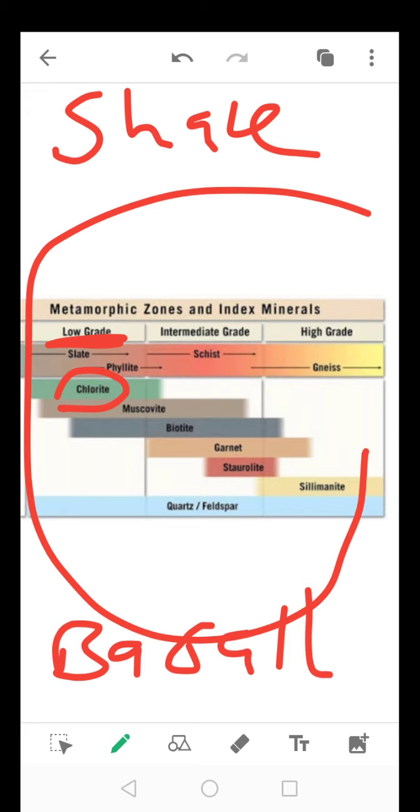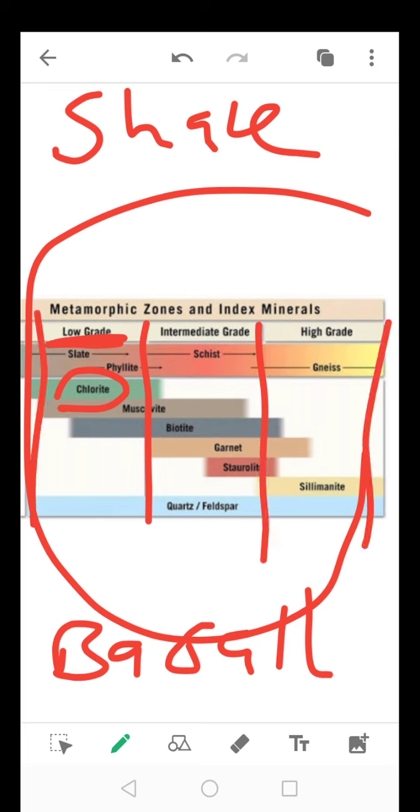I was telling you that the index mineral serves as a good marker of specific ranges of metamorphic conditions. And I further said they are used to map the areas of high or low metamorphic intensity, the areas of low grade or high grade. Now, what are these areas of metamorphic intensity?